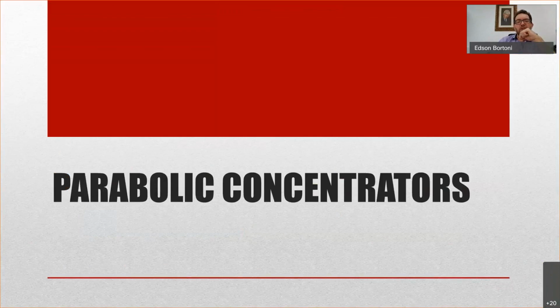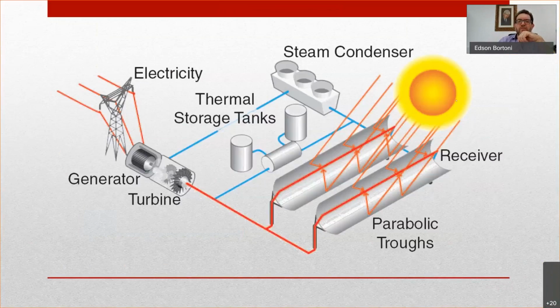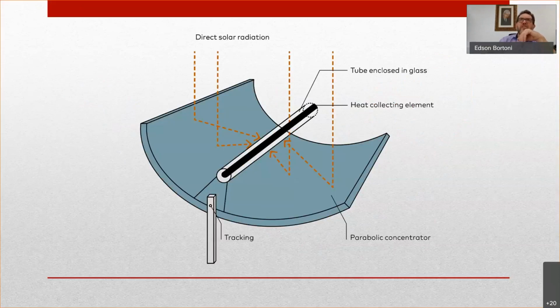We have some alternatives, these parabolic concentrators. So you have the sun rays here, and the sun rays converge to this line. So you take water at low temperature here, and you have water at high temperature on the other side. This is a scan of how it works. The parabola works like that. We consider that the sun rays come in parallel lines.